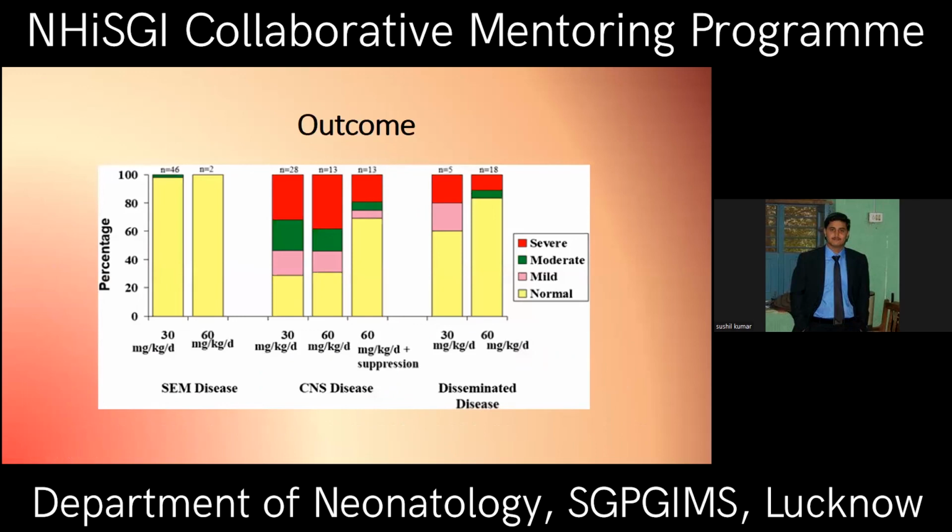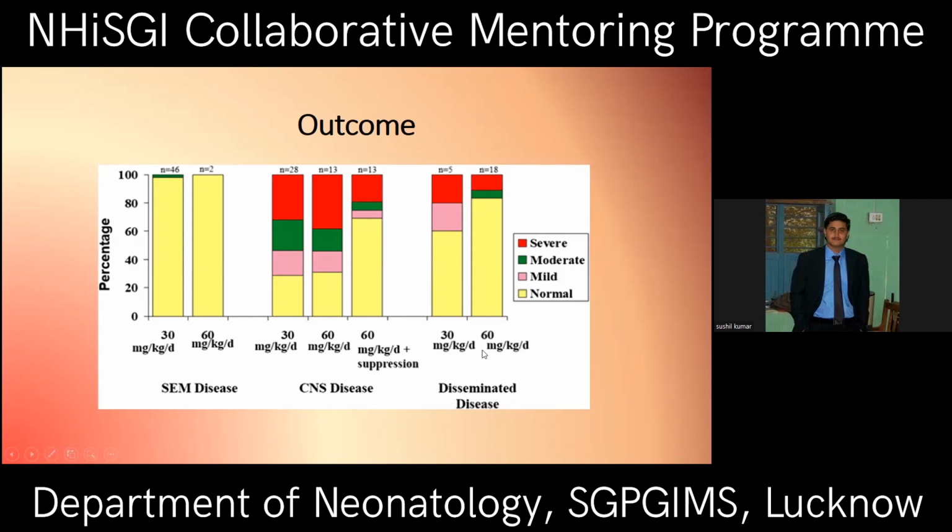So for the outcome of neonatal HSV, as you can see, at 60 mg per kg per day of acyclovir, almost 100% of the treated patients have normal outcome in skin, eye and mouth disease. In CNS disease, with 60 mg per kg per day along with suppressive therapy, there is 75% normal outcome, 5 to 10% mild to moderate outcome and 20% mortality.